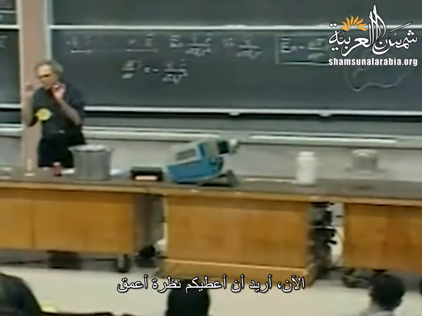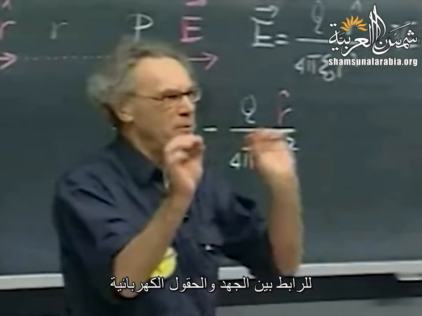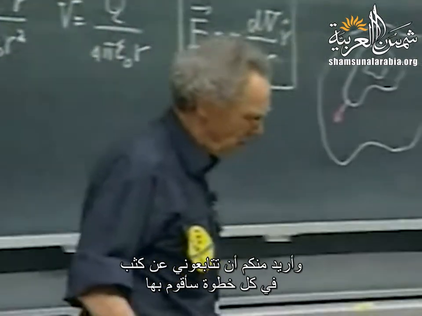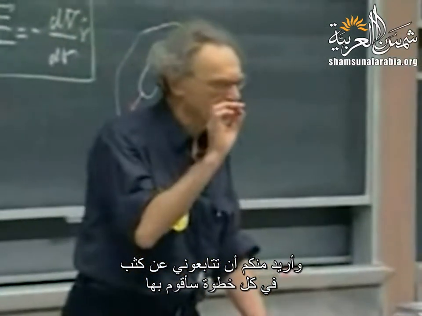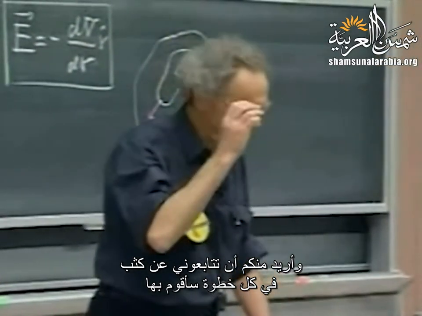I now want to give you some deeper feeling of the connection between potential and electric fields. And I want you to follow me very closely. Each step that I make, I want you to follow me.